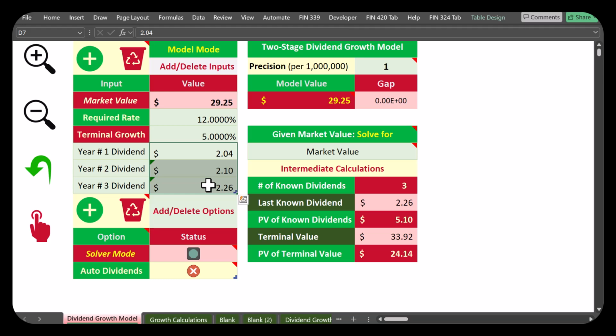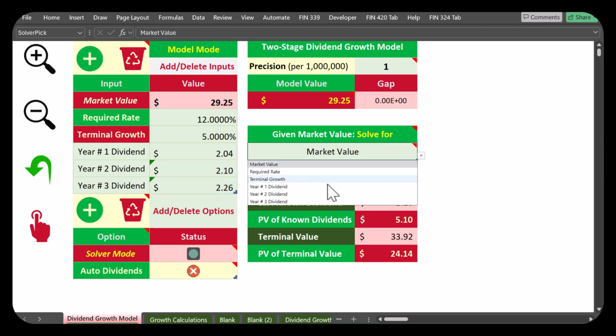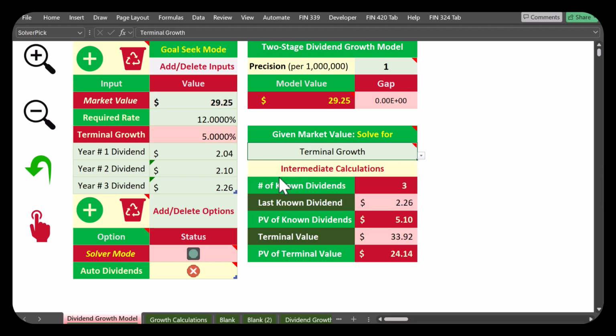We don't know what that is. Basically, we're asking what growth rate after that would justify the current price. So what we're going to do is change our unknown to that terminal growth. Market value is 71.78, I think.